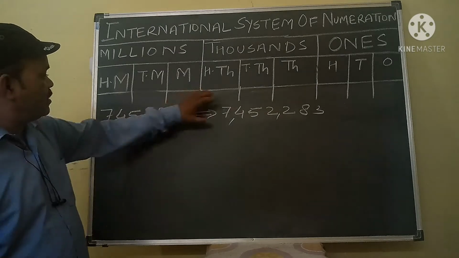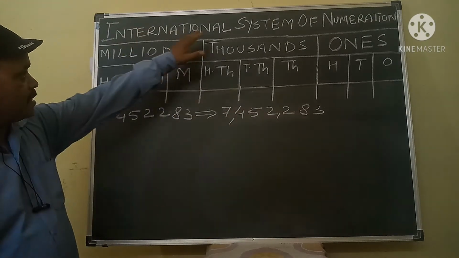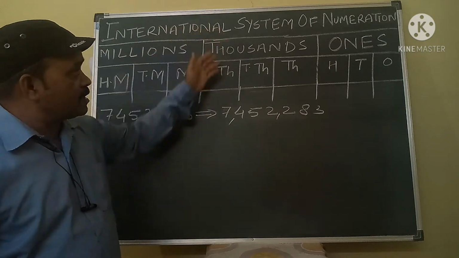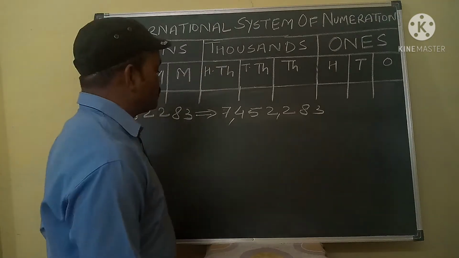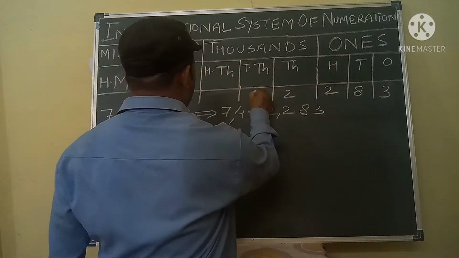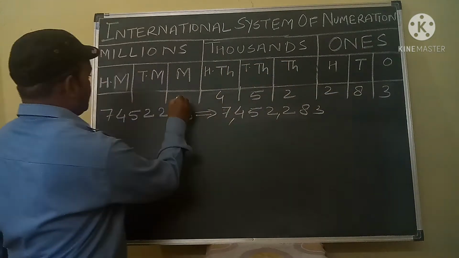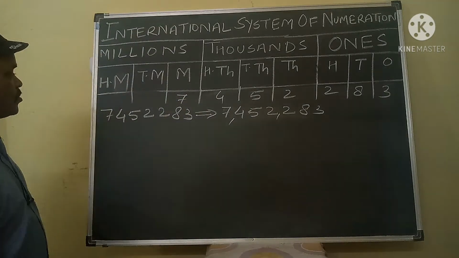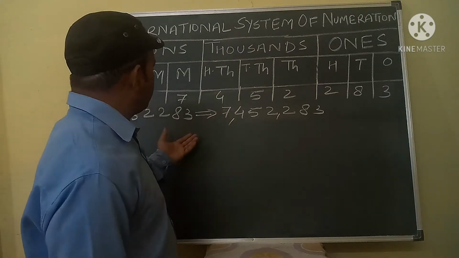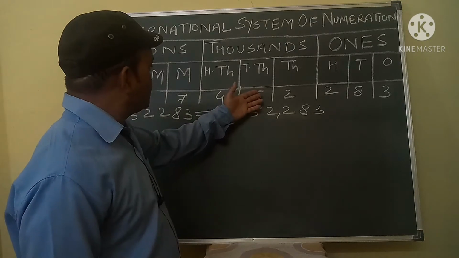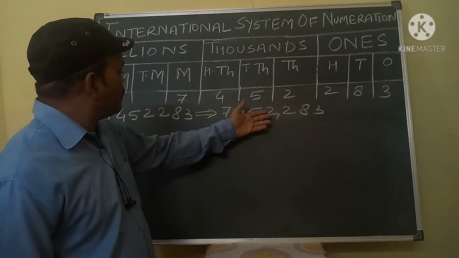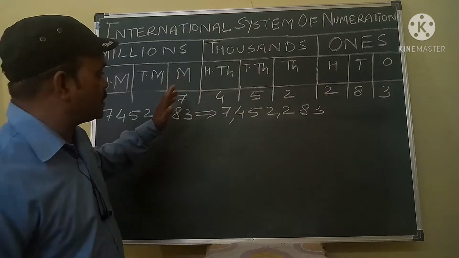Then after that we will arrange this number in this table, which depends on the International System of Numeration. So look here, this is 3, 8, 2, 2, 5, 4, and this is 7. Now look here. So what we are seeing is that in this number each digit is in a different place.